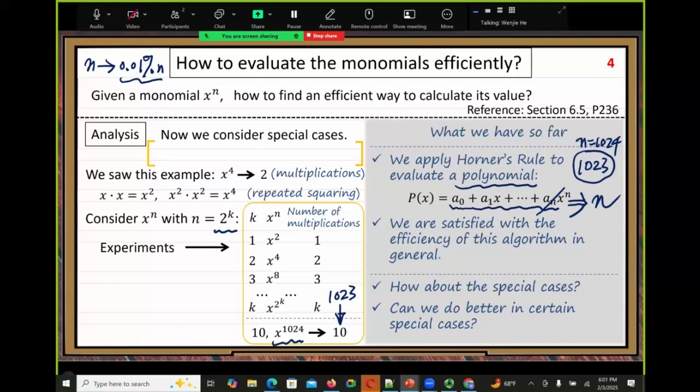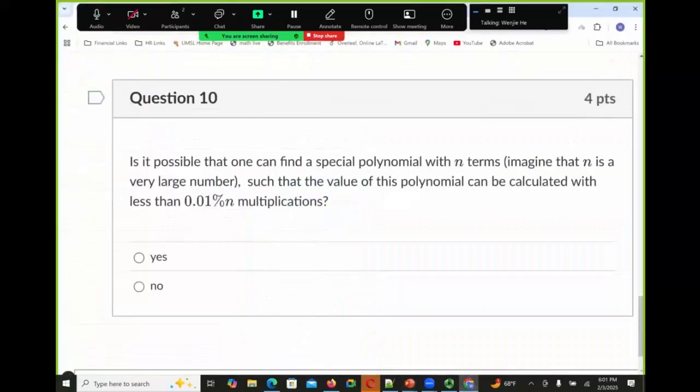You cannot use this example to answer question number 10 in quiz 1 directly, because the condition does not match. You need to look at the condition carefully. The condition is a special polynomial with n terms. Our monomial only has one term, right? So we need a polynomial with n terms.